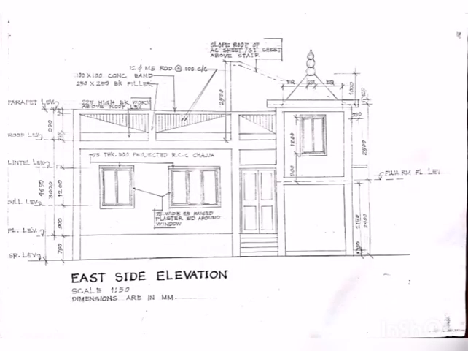This is east side elevation, means the geometrical elevation of the building which is visible from east side, road side of the site. In this elevation, the main entrance, window of the dining area, window of the kitchen areas are visible.